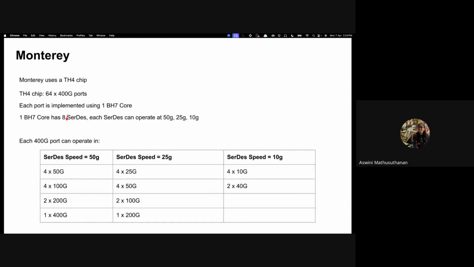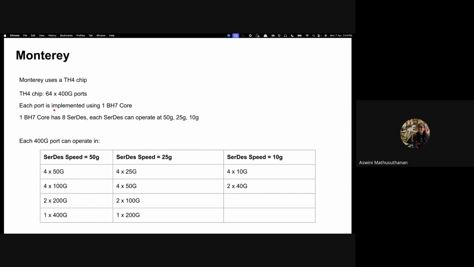As mentioned in the first few slides, Glacier uses TH3, which is 256 SerDes, and Monterey uses the TH4 chip, which is 512 SerDes, and the chip capacity is 25.6 Tbps. That can also be seen as 64 x 400 gig ports.